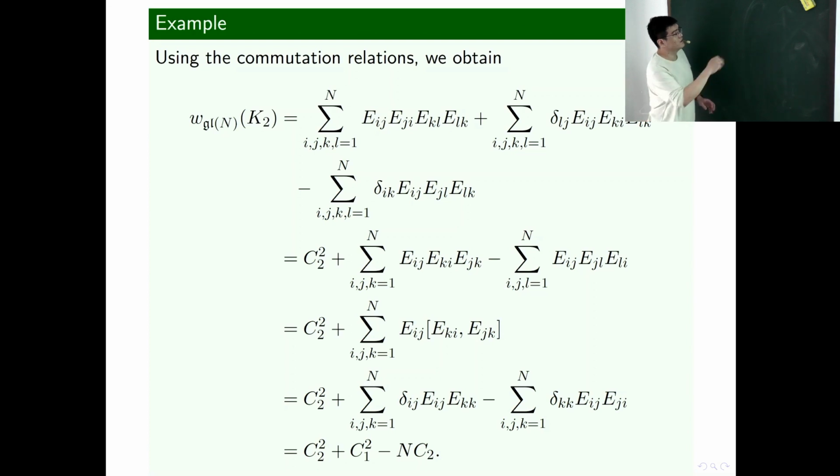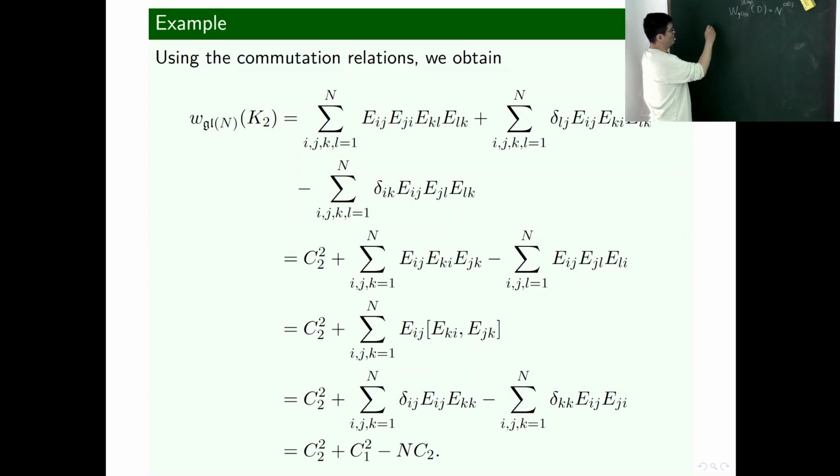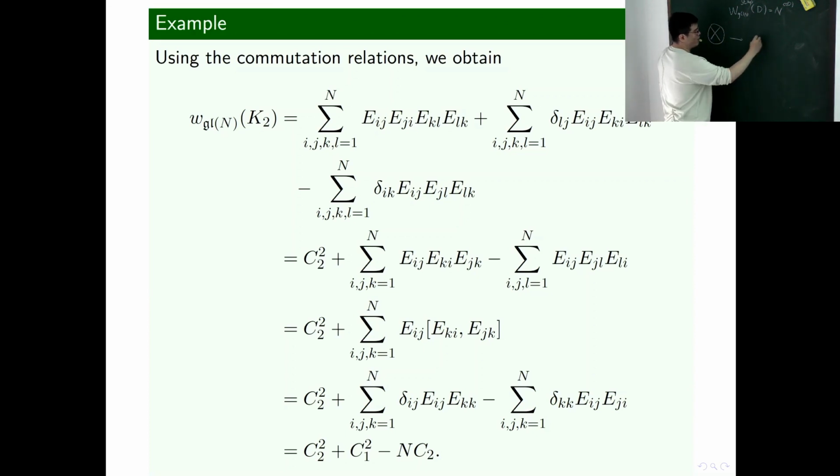By the way, if you look at some specific representation of GLN, the result is easy to calculate. For example, for the standard representation, W_GLN of the chord diagram D is actually known as n to the power c of D. The c of D is that you can consider a chord diagram as a ribbon diagram with exactly one single vertex. The circle is actually a big disk, and the chord is actually the ribbon.